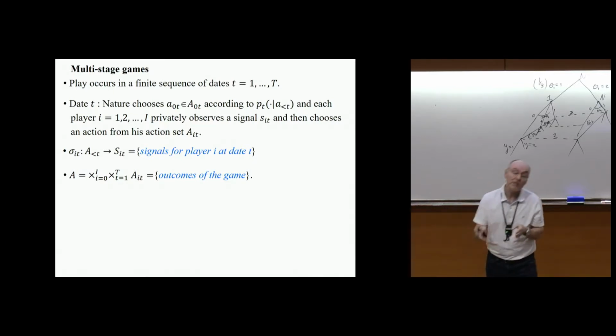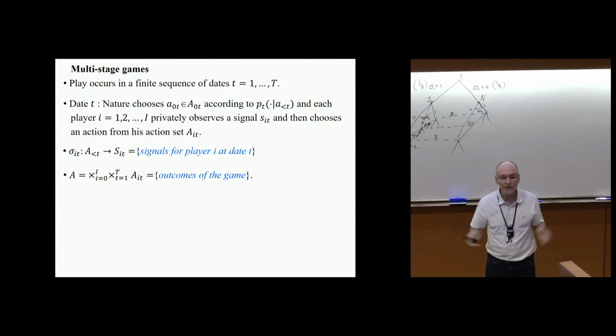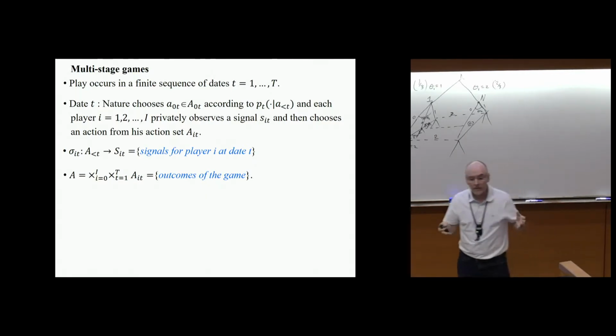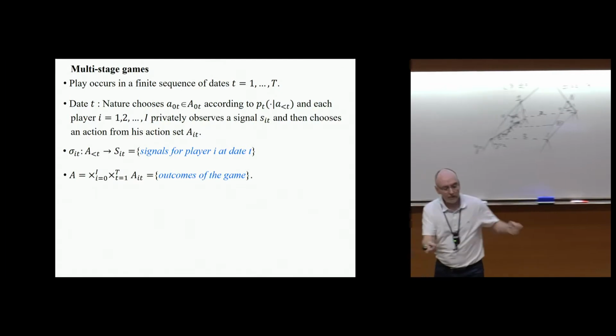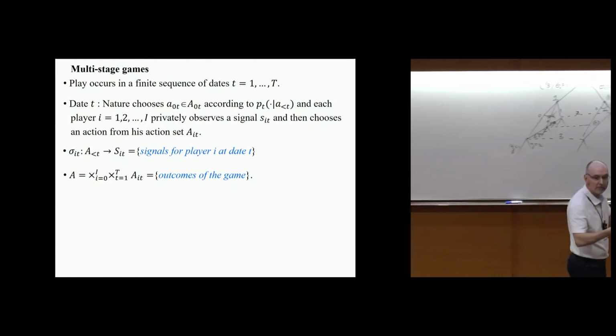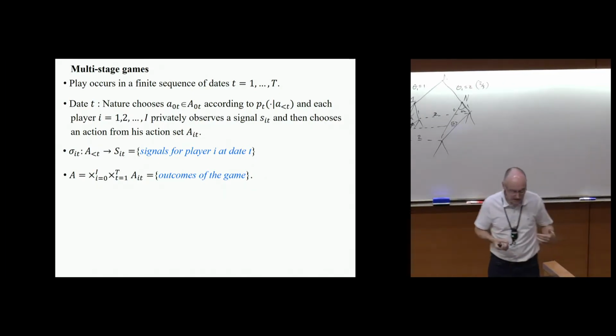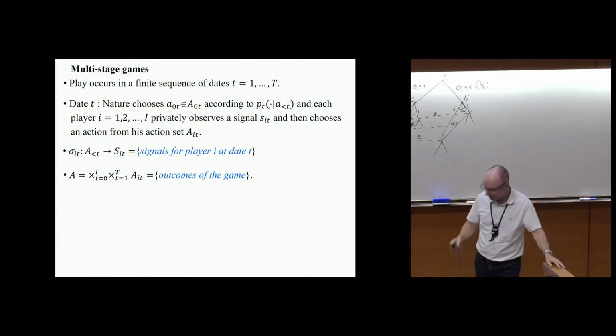If that signal map was the identity function, you'd have perfect information about the history of play, and you can have anything in between. In general, given your signal, the inverse image of that signal under the signal map, what is that? That's the set of histories that generate that signal. That's an information set. The set of histories you can't distinguish between. Okay, so the word signal for us means information set once you combine it with the signal map. The inverse image of the signal under the signal map is a set of histories you can't distinguish between.